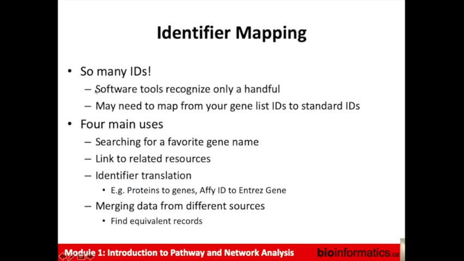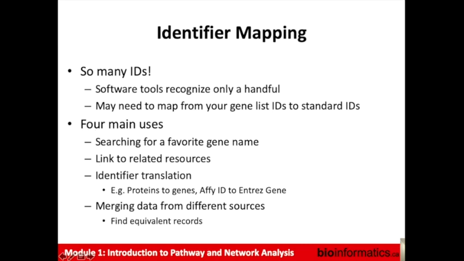So there are many different identifiers, and sometimes we need to work with them, for instance, to convert one to the other. You might have Entrez gene IDs that are useful for pathway analysis methods, but you want to see the list as gene symbols, which are easier to read. There are software tools that recognize these identifiers, although not every tool recognizes every identifier, and you may need to map your gene list identifiers to some standard identifiers or between two different sets, as I've mentioned.